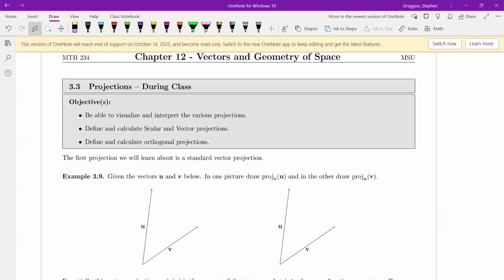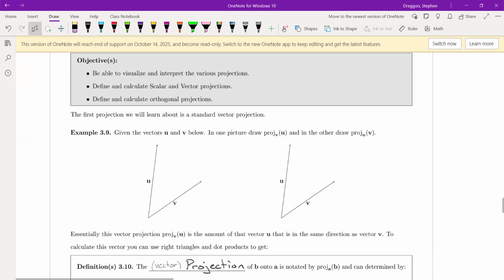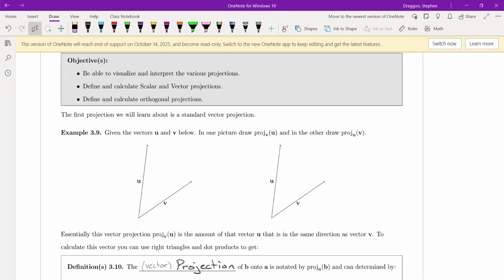All right, the real fun one. Getting into projections. That's the second half of today's unit. So, a projection of one vector onto another one, which means we maybe want to define what a projection is.